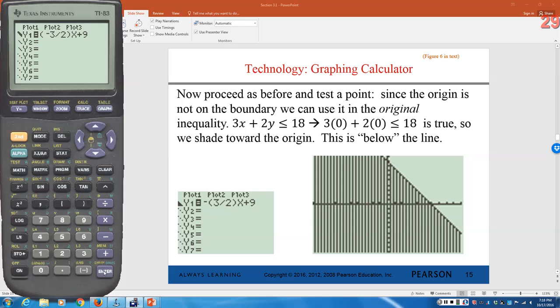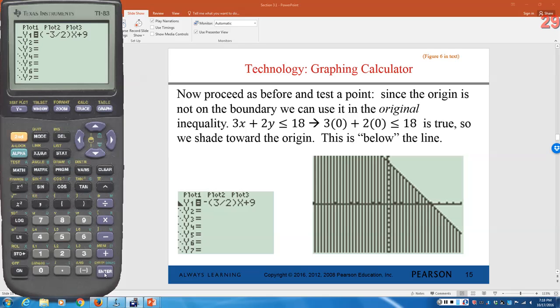The first one is just a heavier line. And that would be useful if you're looking at 2 lines and trying to decide which one is which. But that's of no interest to us here. So then the next thing it does is it shows flashing above the line, which means you would want to shade above the line, and that's not what we want. So we hit enter again, and it goes to the part where you shade below the line.